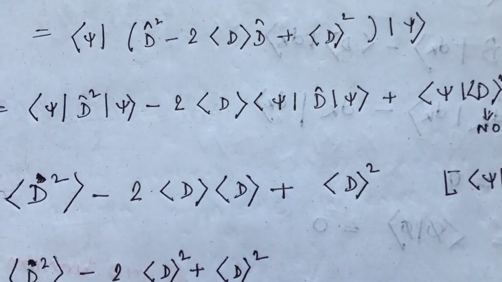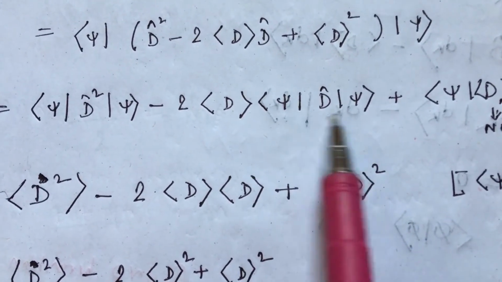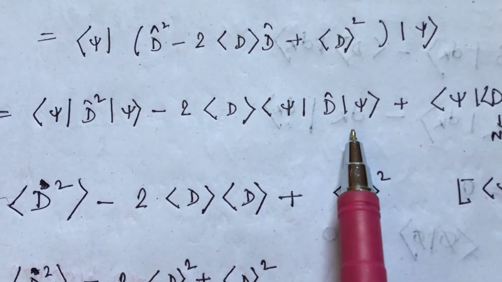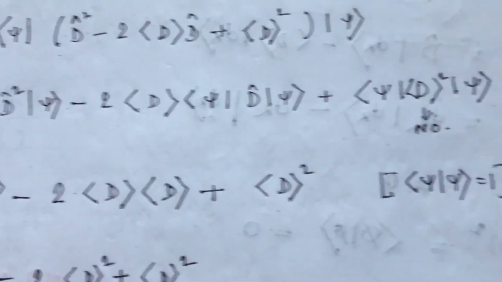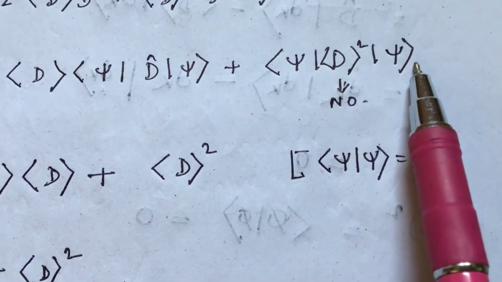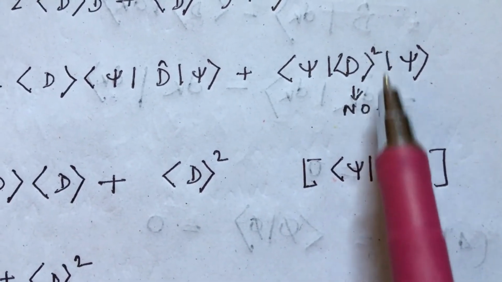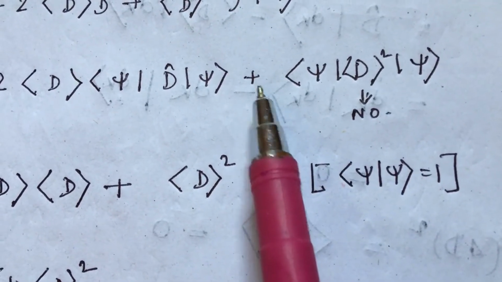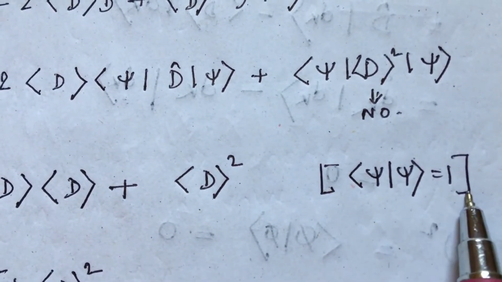Expectation of d is a number, so I can take it out, and I am left only with <psi|d|psi>, plus the third term will give me <psi|d expectation square|psi>. D expectation is a number, so its square is also a number, so this can also be taken outside.